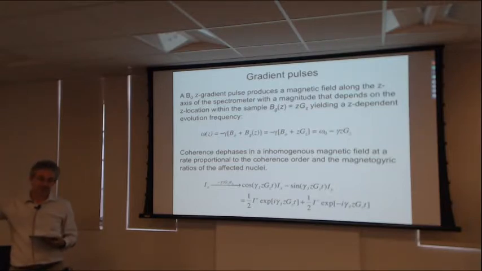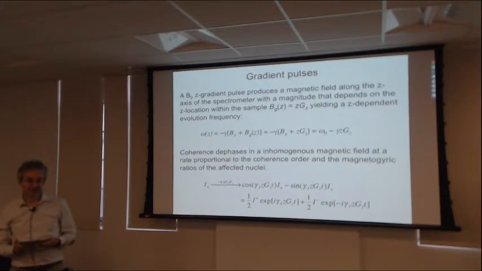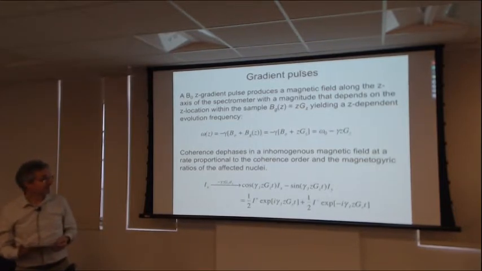So it can either increase going above 0 and decrease going below, or increase going below, decrease going above, depending on the polarity by which one charges the coil. That's under our control. And that's called the Z gradient, and it's indicated here then by this.